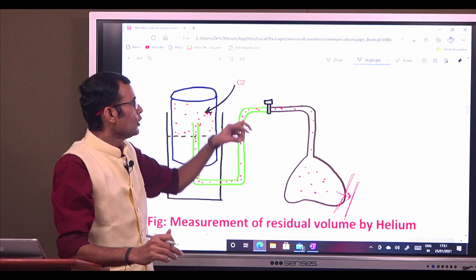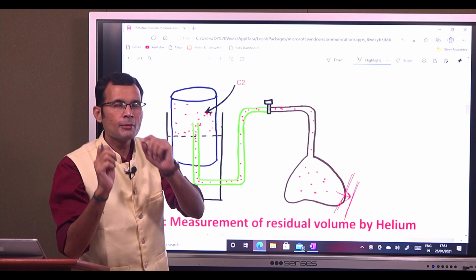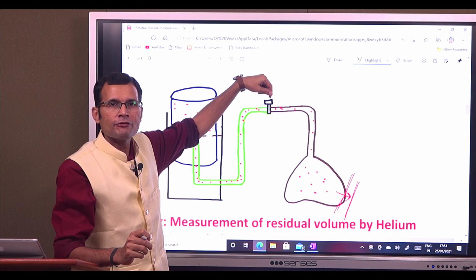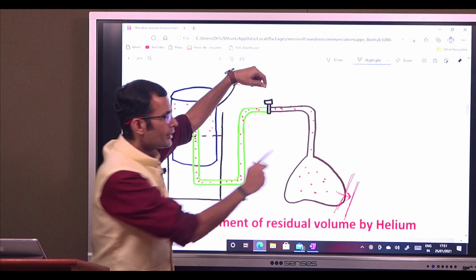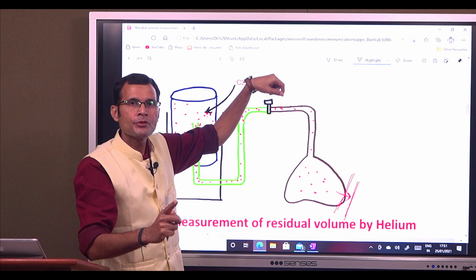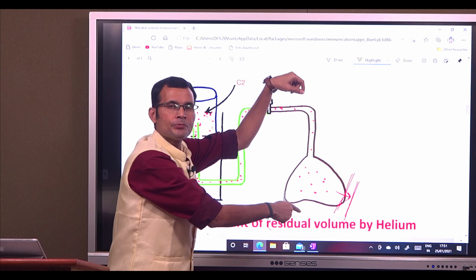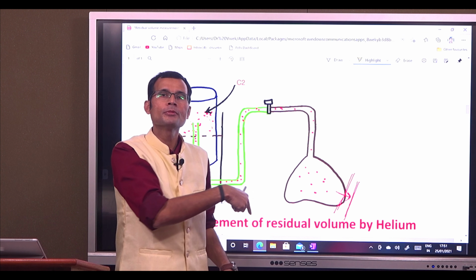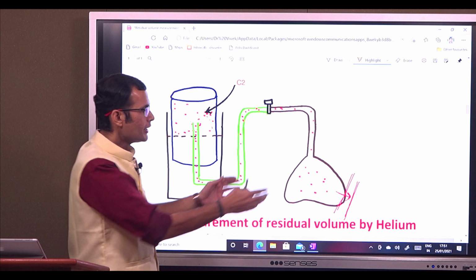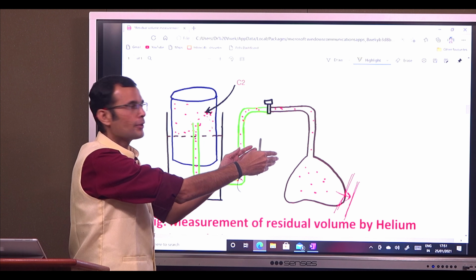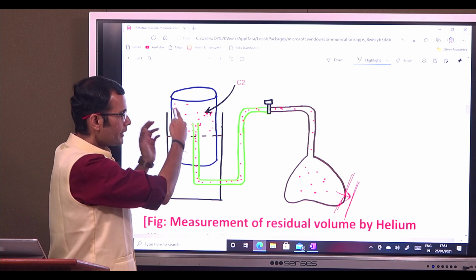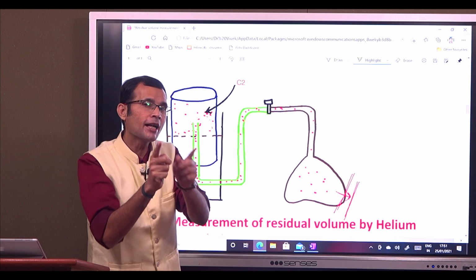Do you understand? At the moment at which we open the valve, what is the lung volume at that instance? If it is residual volume, then we are measuring residual volume, isn't it? Because then the residual volume and the spirometer make one system at that very instance.